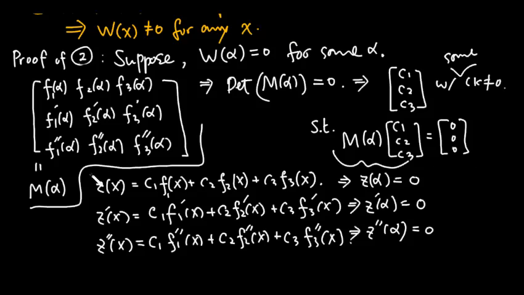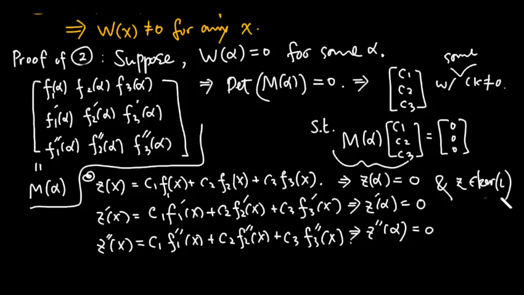So if you look at this, especially consider this function z of x. This function has the special condition that z of alpha is 0, z prime of alpha is 0, and z double prime of alpha equals 0. Another fact that I'm going to add in here, with which you can apply the existence and uniqueness theorem, is that this function z is still in the kernel.